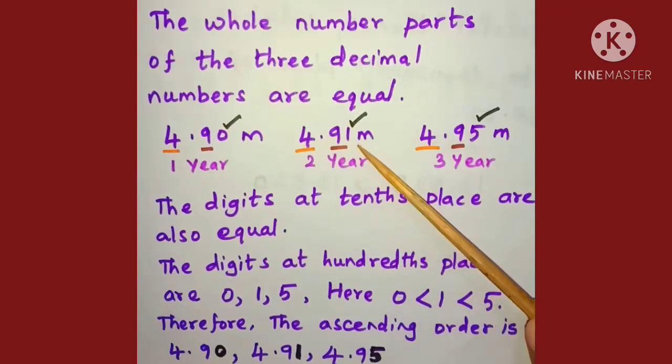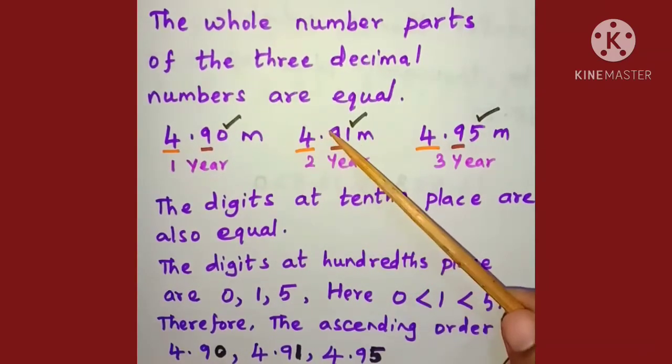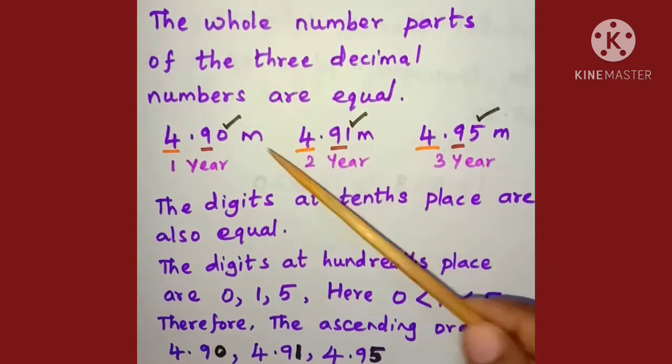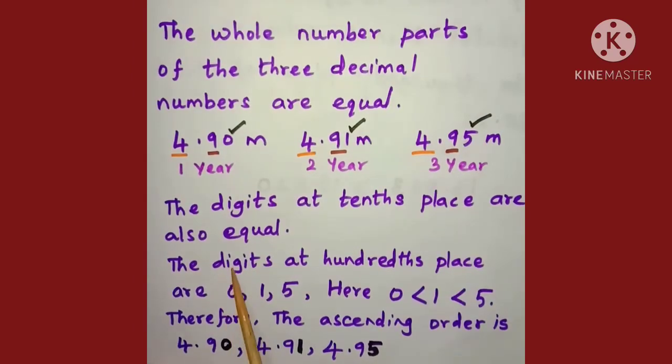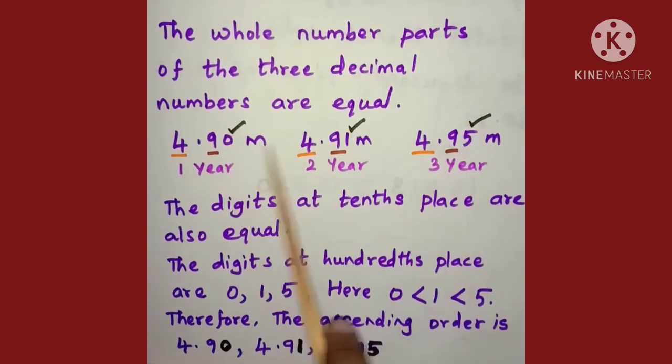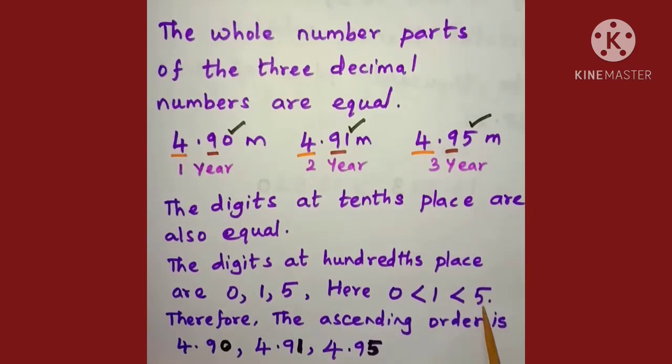100th place digits. So the digits at 100th place are 0, 1, 5. Now students, the digits at 100th place are 0, 1 and 5. And what about these numbers? Yes, 0 is less than 1 and 1 is less than 5.